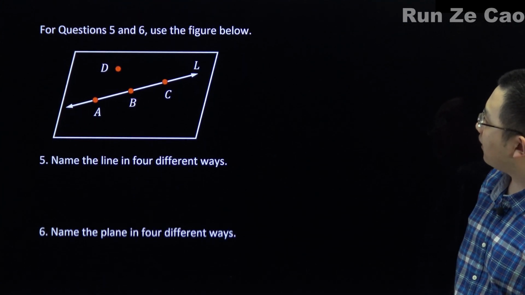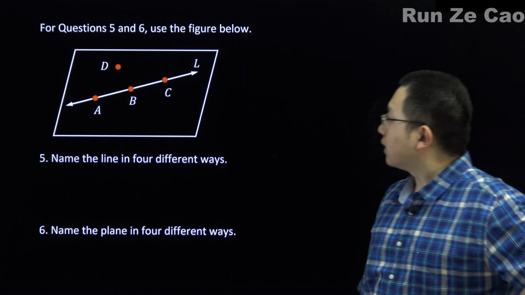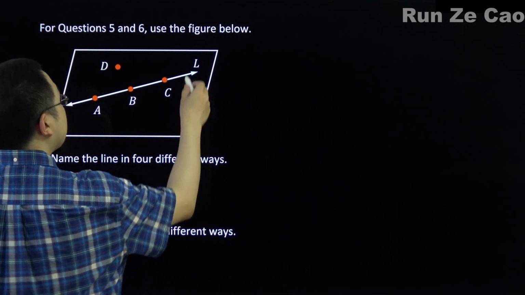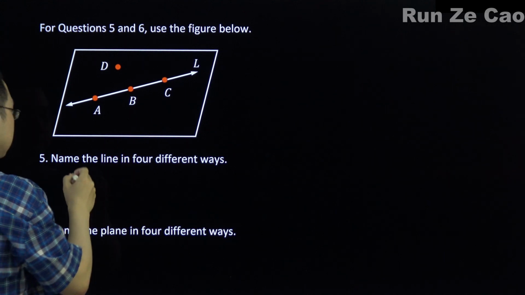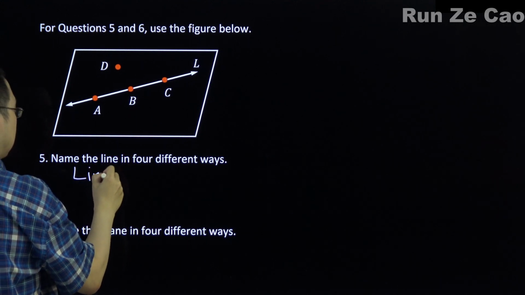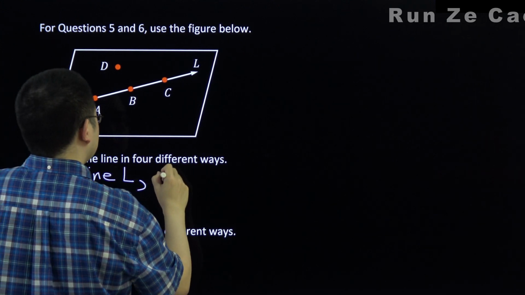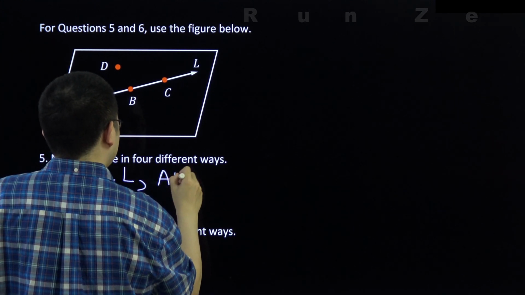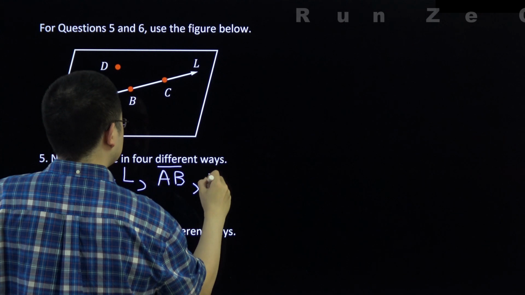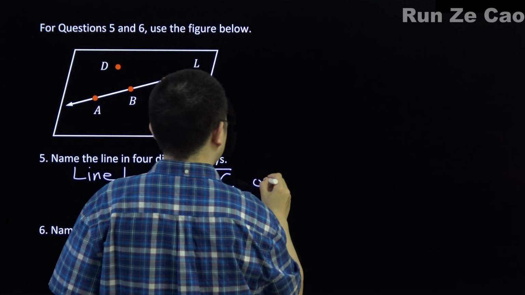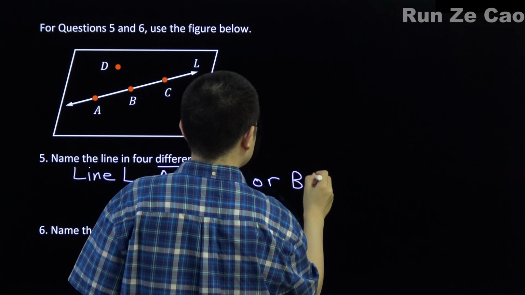For questions 5 and 6, use the figure below. Name the line in 4 different ways. Well, we can say that it's line L as labeled. Line L, AB, AC, or line BC.